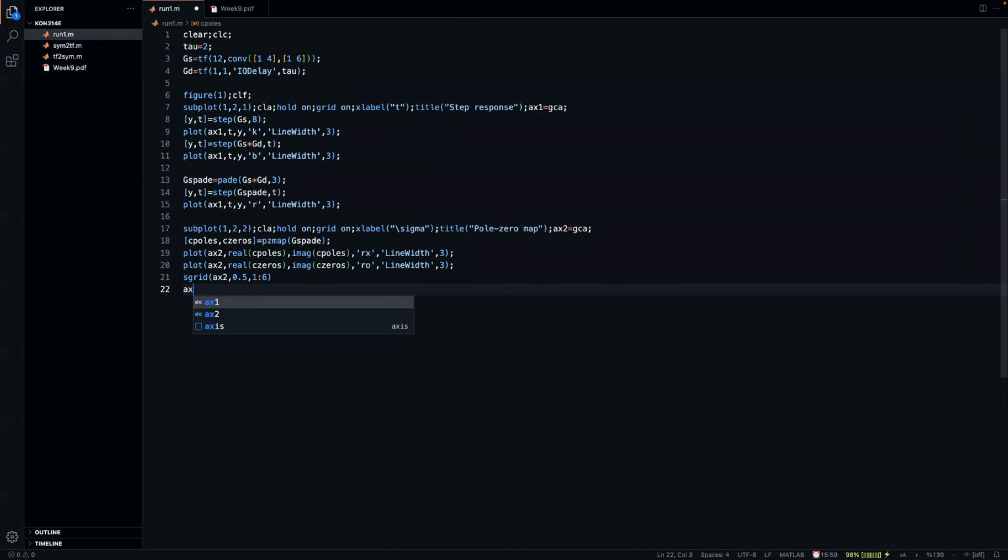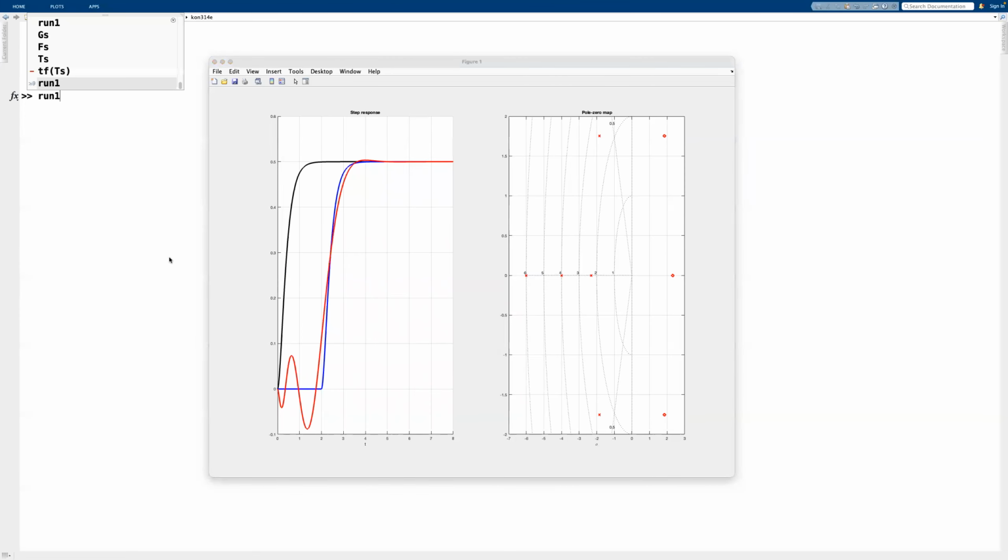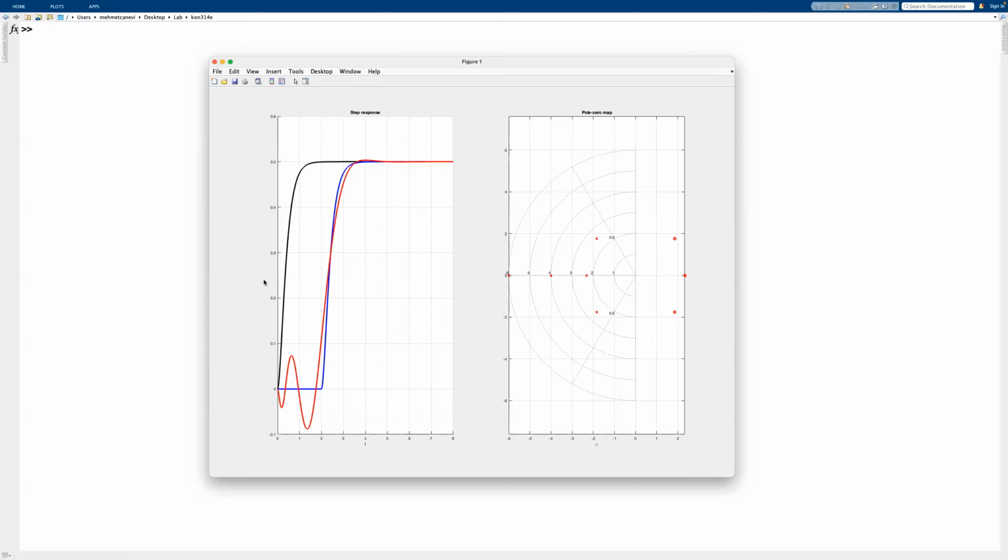So I'm going to do something like AX2 and then equal, as far as I remember. If I do that, you can see, of course, it is symmetric, and it's kind of on a circle that has a certain radius, namely 2.33, something like that. So it's kind of on a circle.